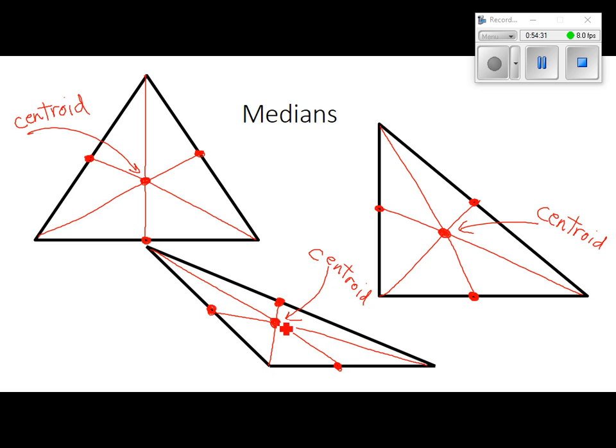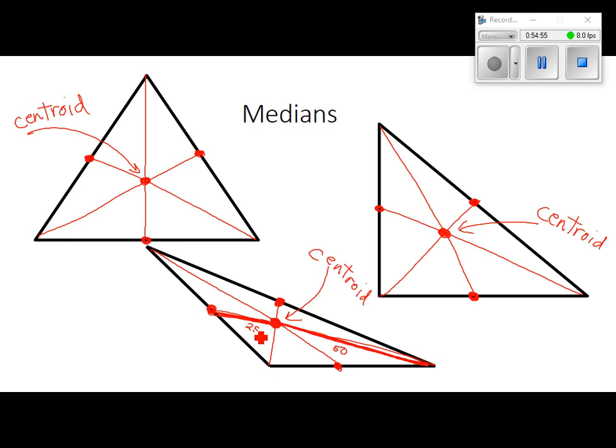So now I'm looking at this centroid right here. What do I know about that distance in relationship to this distance? It's 2/3. This is 2/3 of the whole thing. If I told you this part from here to there was 50, how far would this one be? 25, it'd be half of it, right?